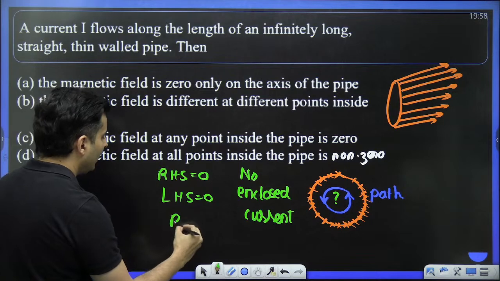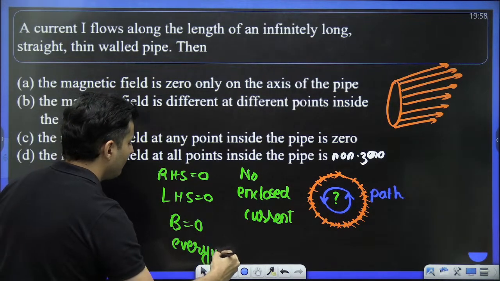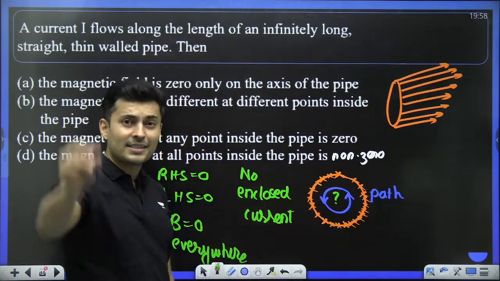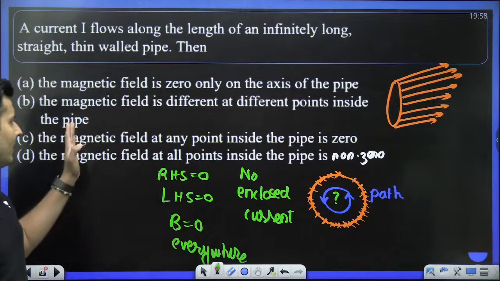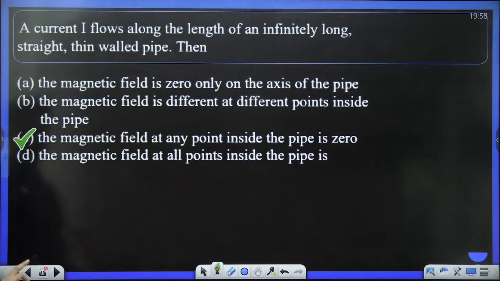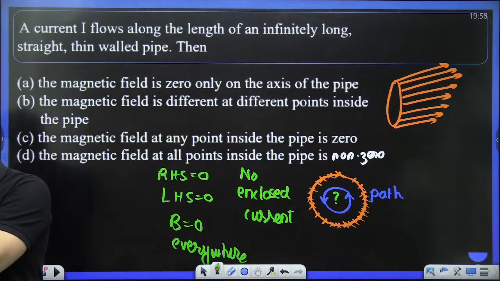That means the magnetic field will be 0 everywhere. It doesn't matter how big this path is, as long as it is inside, the field will be 0 everywhere. So the answer is C, like you can see over here. Is that right? No, it is not A. Great.